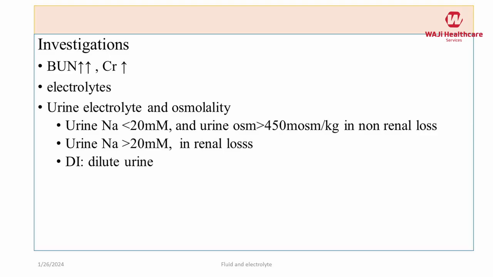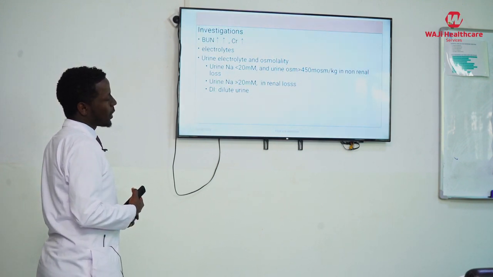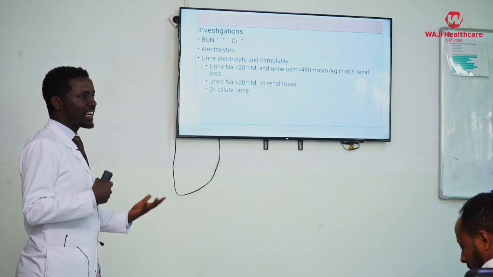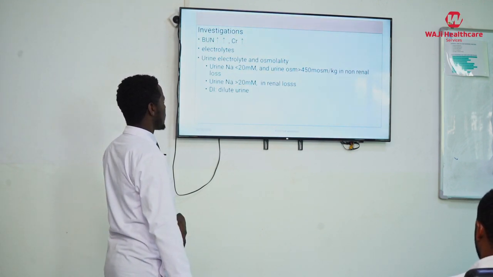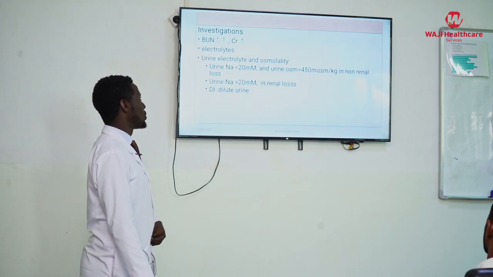Laboratory: with hypovolemia, the major determinant or regulator of fluid is the kidneys. So with alteration of fluid, the patient will have renal function derangement. They have increased BUN, creatinine, electrolyte derangement, and also urine electrolytes and osmolality are important for diagnosing the possible cause, whether this is a non-renal or renal cause of hypovolemia. Usually we can easily identify it by doing a urine sodium level.